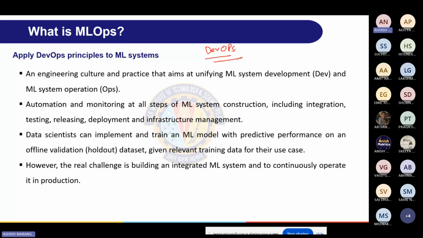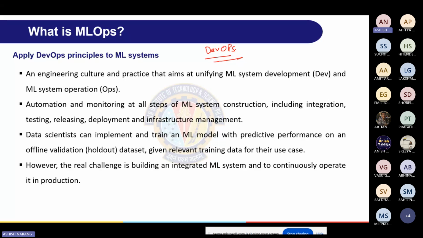Exactly, right? So see what earlier used to happen. There's a development team and there is a deployment team, operations team we call it, right? Development team will develop a particular software and then the deployment team takes over and they'll provision the resources and maintain that particular project over a period of time, right? They have to deploy it on appropriate resources and all.